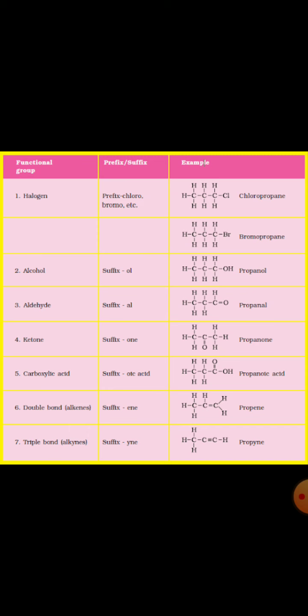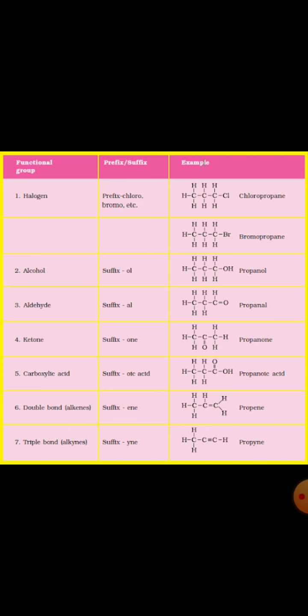Now 3 carbon atoms, that is propane, but the alcohol functional group is attached with it. So from propane we will remove the e suffix and we will add ol. So it became propanol. Did you understand what I said? We will remove the e and add the ol suffix.